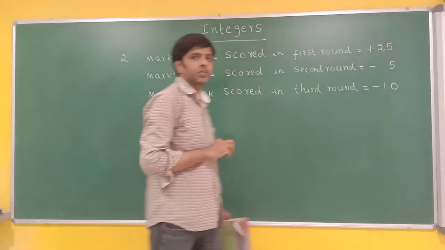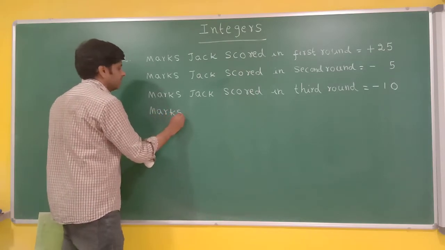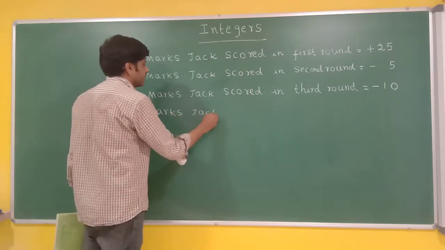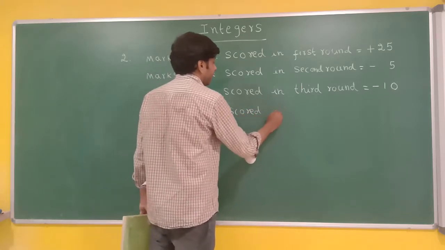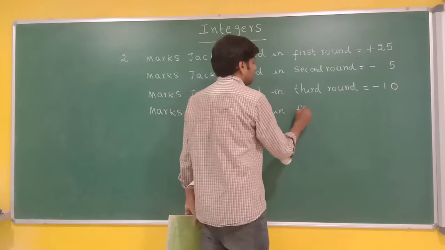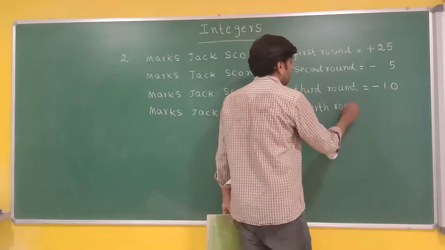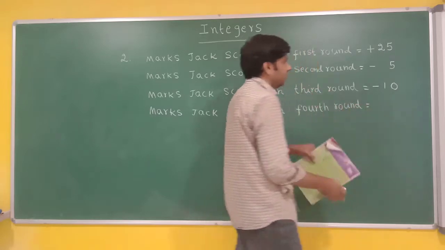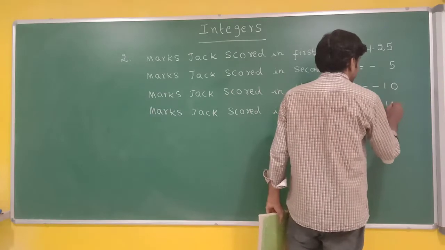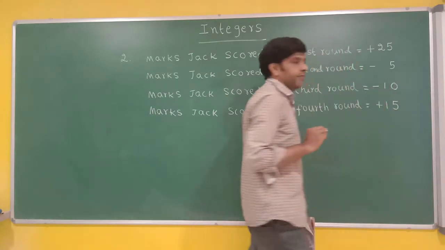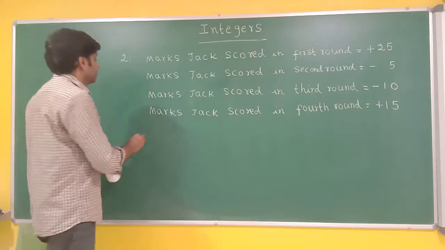Now we are going to the fourth round. Marks Jack scored in the fourth round. How many marks did Jack score in the fourth round? Plus 15. In the question they gave only 15. When there is no sign, you should understand that it is a positive sign.